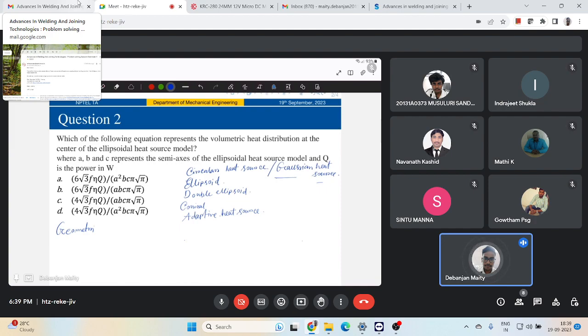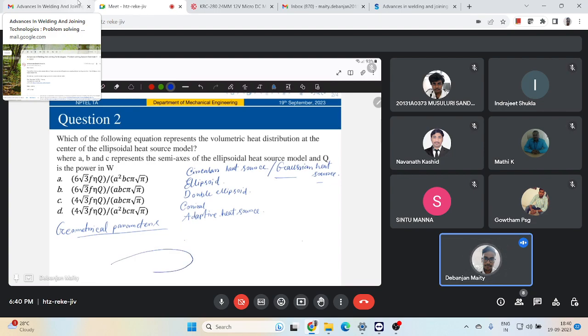What are those geometrical parameters? I'm trying to draw the schematic. I don't know how successful I can be.